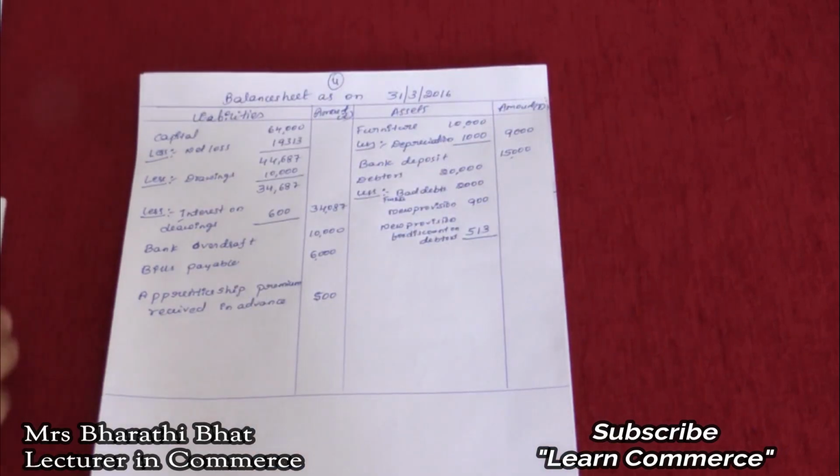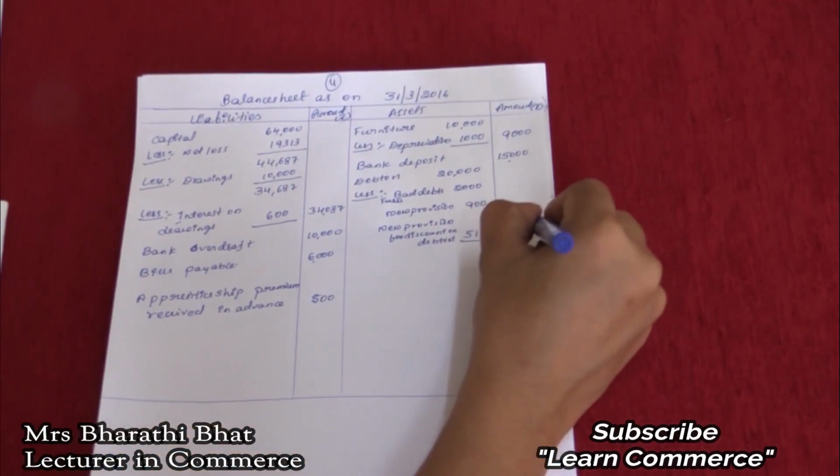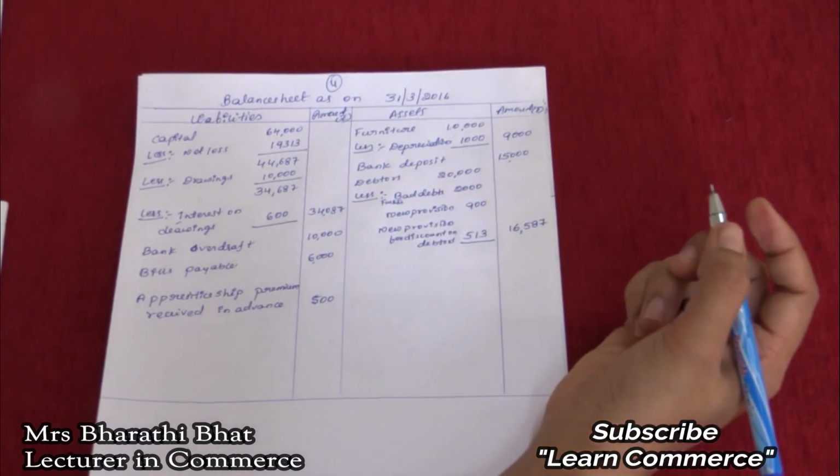So deduct all these from 20,000 minus 2,000 minus 900 minus 513. 16,587. Correct?